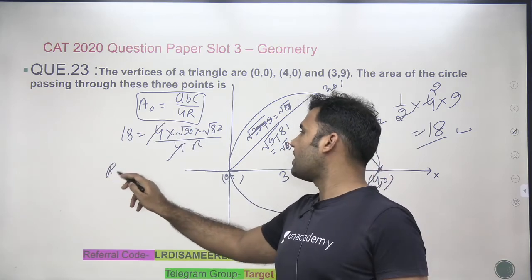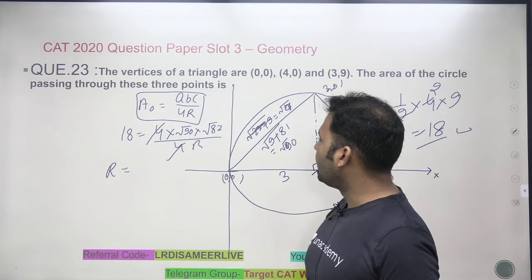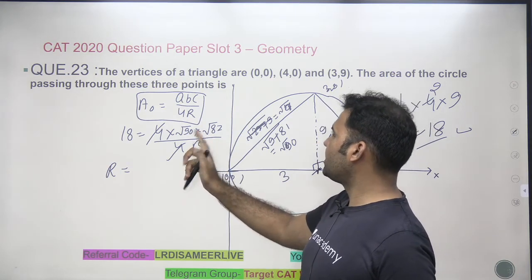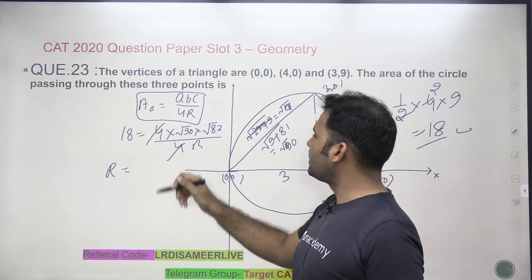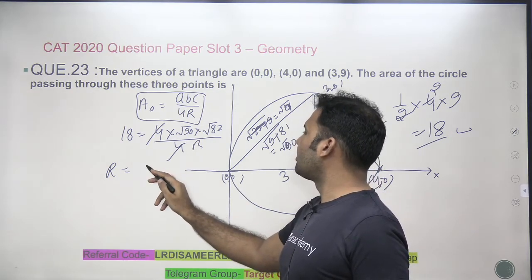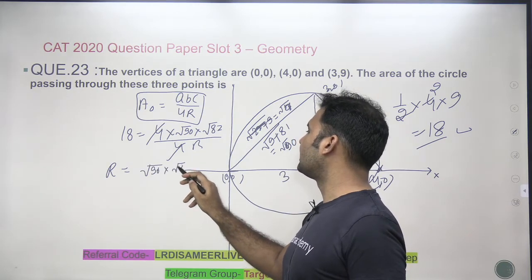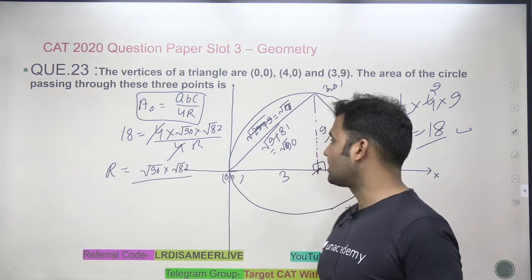So the circumradius would be root 90 into root 82 upon 18. Let's factorize it. This is the circumradius of the circle.